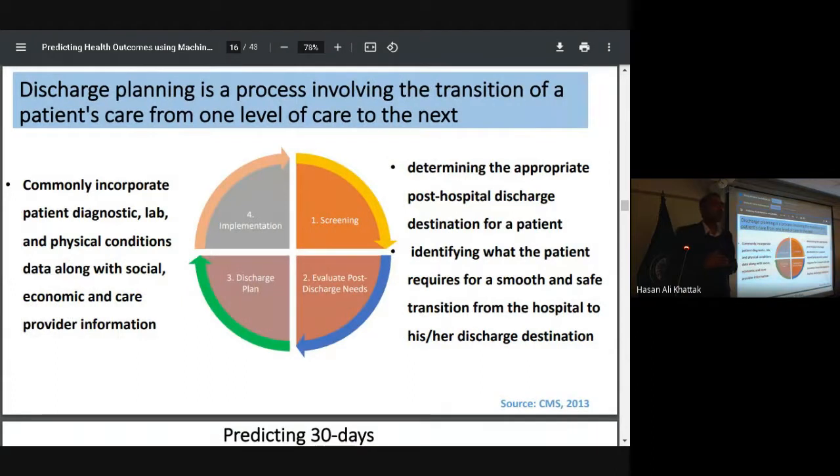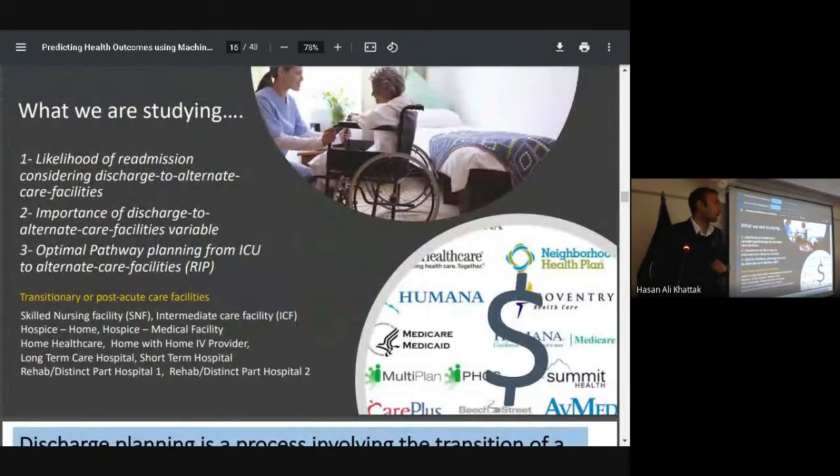Now, discharge planning is a very systematic process, and we divide it into four parts, as you see in this pie chart with the arrows around it. The first part is screening, where we determine the appropriate post-hospital discharge destination for a patient, like the transitionary and post-care facilities I showed, from skilled nursing facilities to intermediate care.